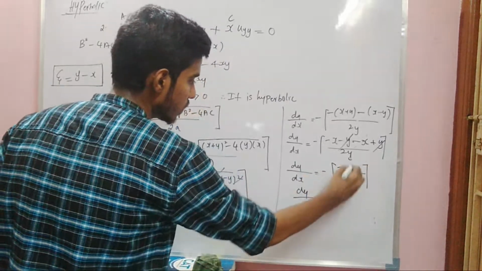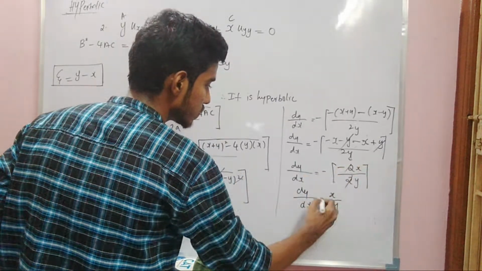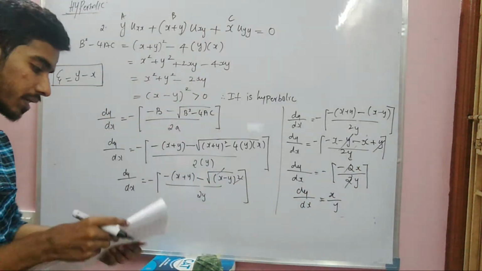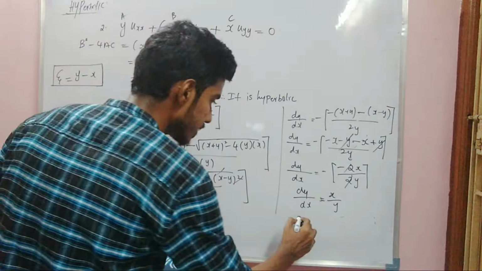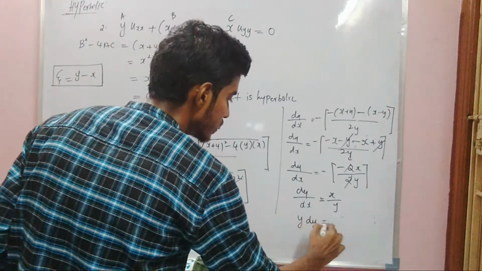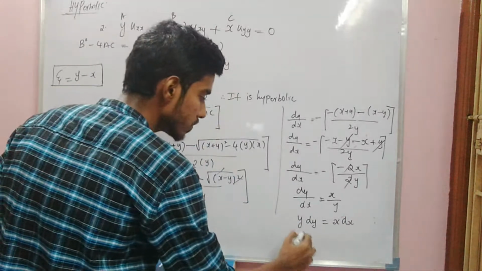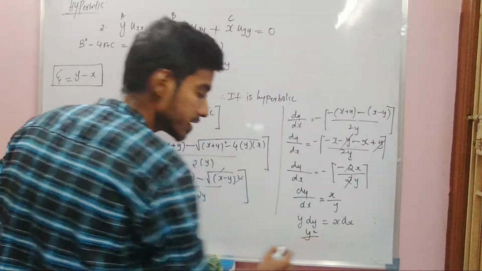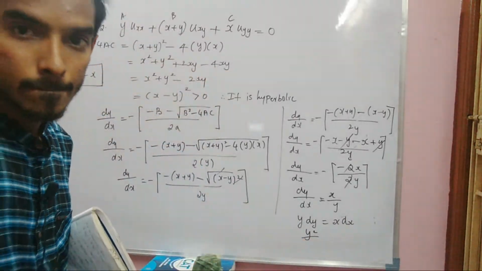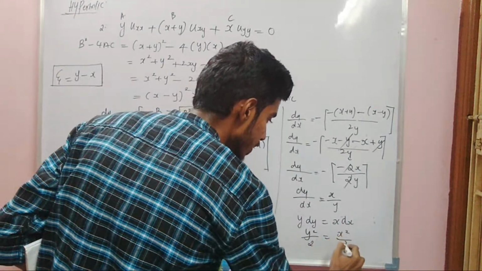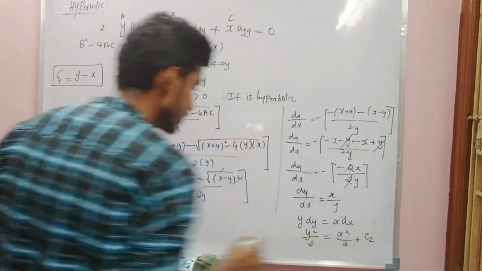So here we are going to have x by y: dy by dx is equal to x by y, right? So again we need to integrate this. I can write this as y dy is equal to x dx, or if I integrate this, you will have y square by 2, is it visible? Okay. Y square by 2 is equal to x square by 2 plus some constant c2.